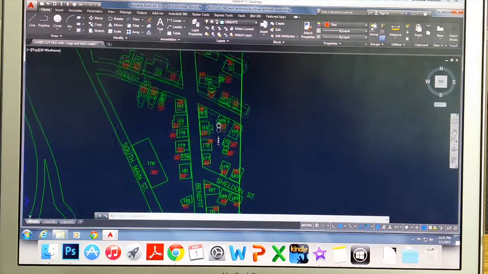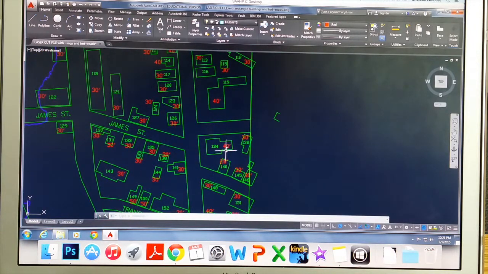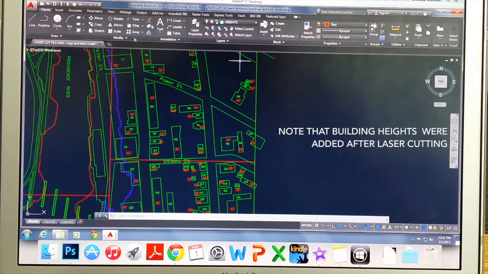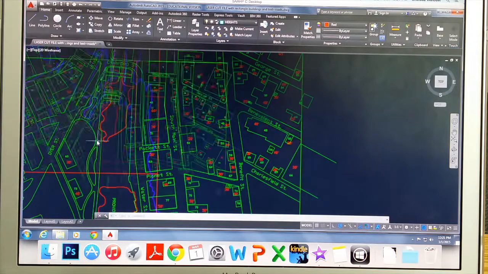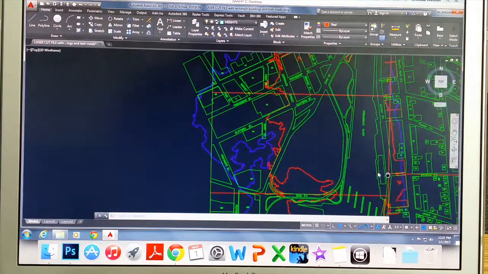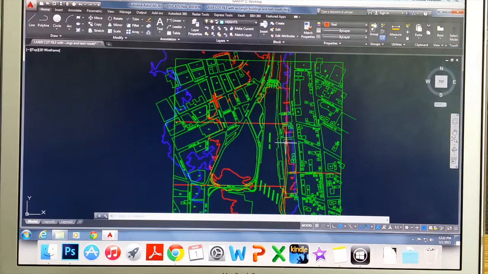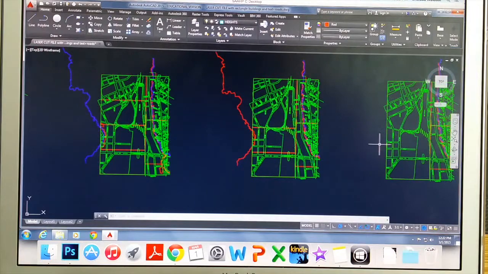So here now you can see all of the different buildings with their respective heights. So it looks a little crazy, but once you break it down, it gets a lot more simple. It's a lot easier to understand.